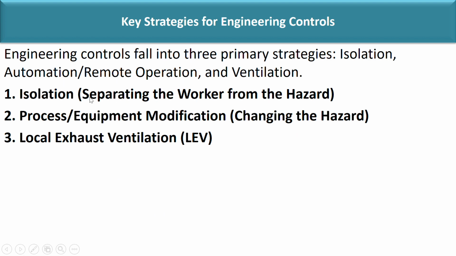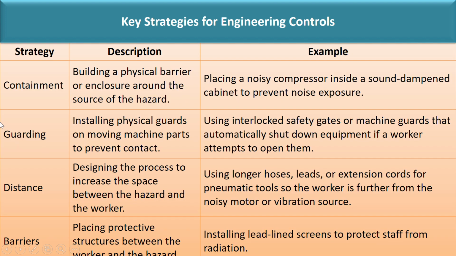So these are the three strategies. Isolation: separate the worker from the hazard. Process equipment modification: modify the equipment, change the hazard. Local exhaust ventilation (LEV): if there are some fumes or smoke, we can use local exhaust ventilation for better dilution. Now we take this one by one: strategy, descriptions, and examples.